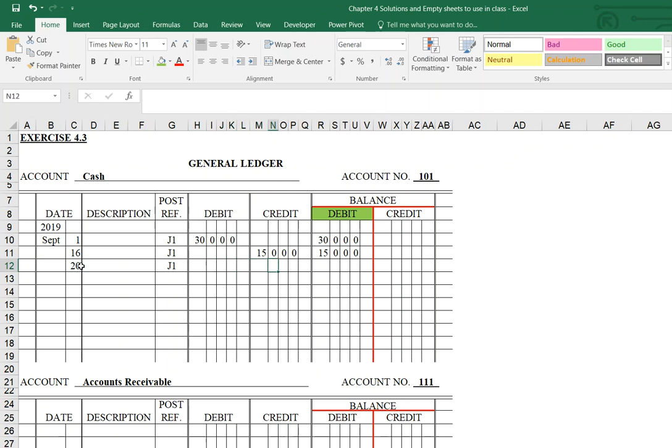A credit for $260. We're going to subtract that from 15,000. So we're going to have 14,740. Doing that in my head. I'm not very good at that.